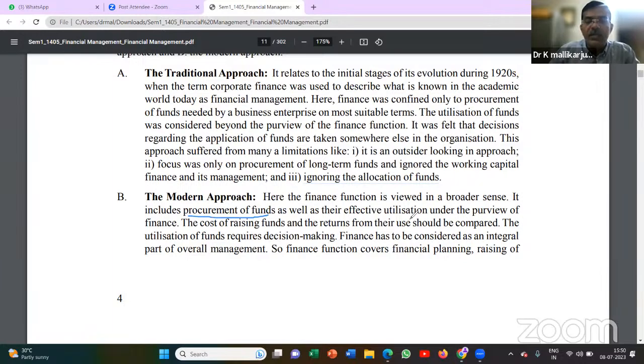Now the sources will be used effectively. On one hand, we procure the funds; on the other hand, we use them effectively. First we procure the funds, then we utilize them effectively and get good revenues and increase the company's sales. There are two ways: one is top line growth, and the other is bottom line growth.